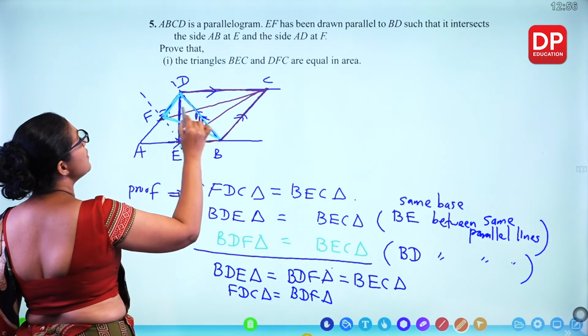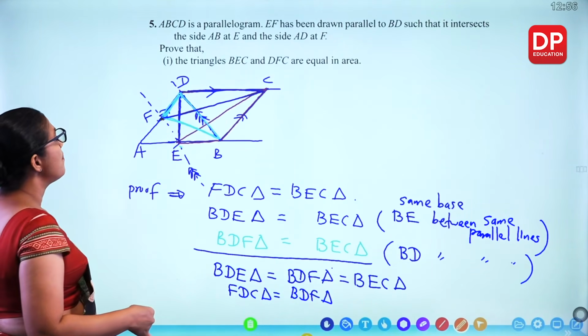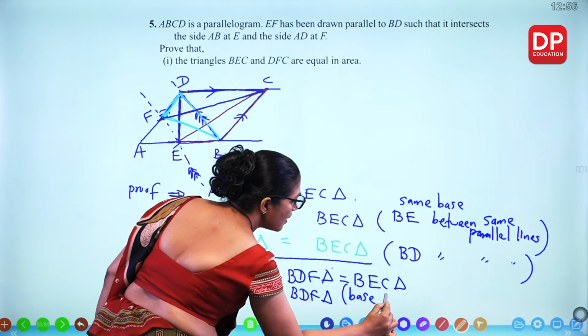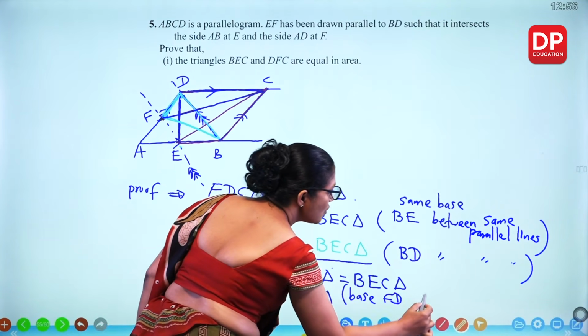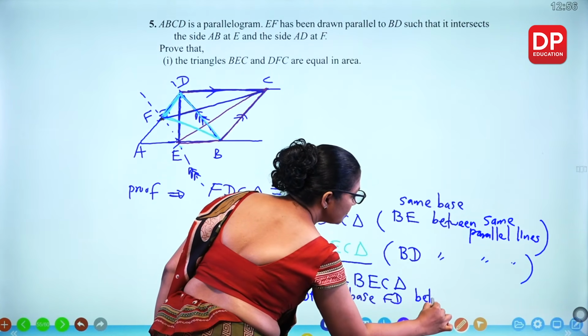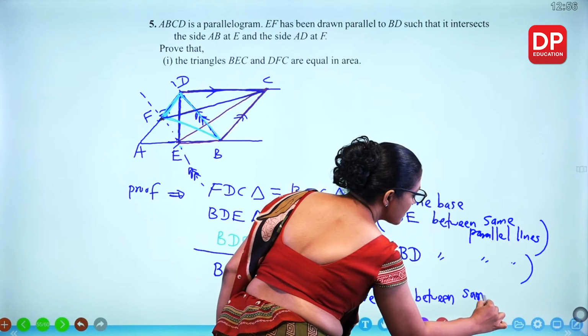If you take FDC, this one and this one, same base FD and in between same parallel lines.